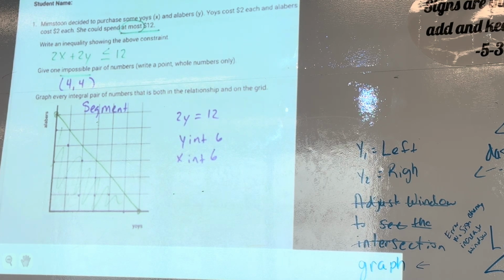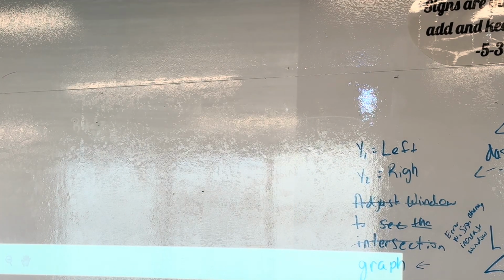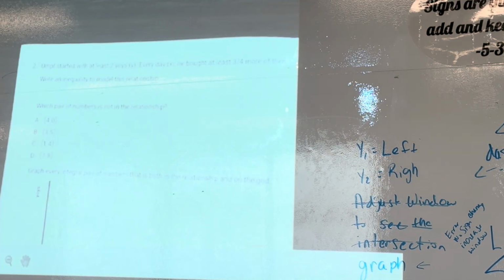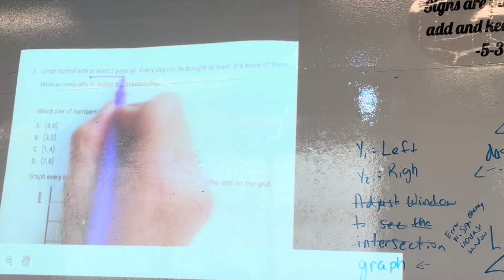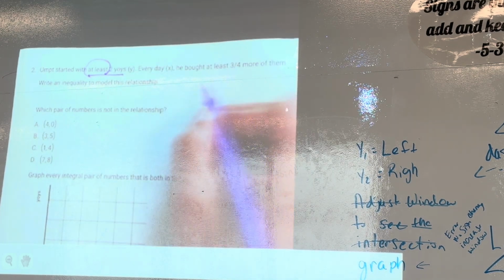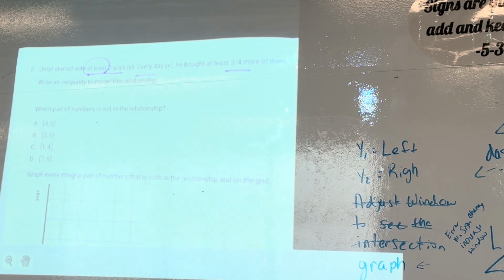Okay, so 2 and 3 are different types of problem. He started with at least 2 yo-yos. So we need that word "at least." And every day he bought at least 3/4 more every day. Is this one going to be in standard form? No. Which one's my slope? 3/4 or 2? 3/4, what you do every day.